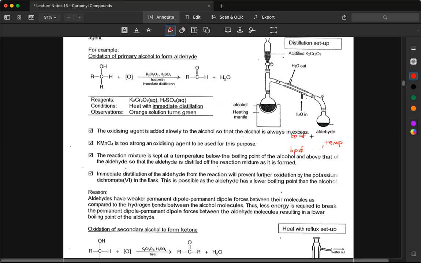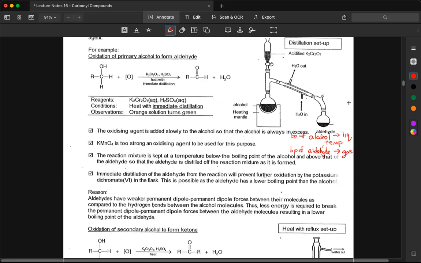So if it is below the boiling point of alcohol and above the boiling point of aldehyde, because alcohol has a higher boiling point due to the stronger hydrogen bond, then because the temperature is still below the boiling point of alcohol, it remains a liquid, while the aldehyde remains a gas.